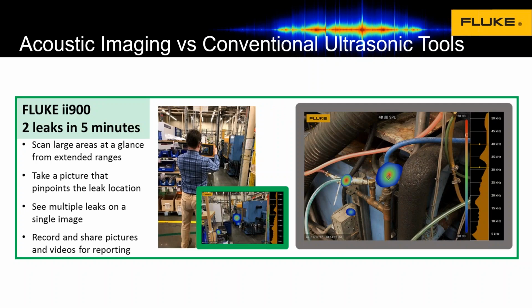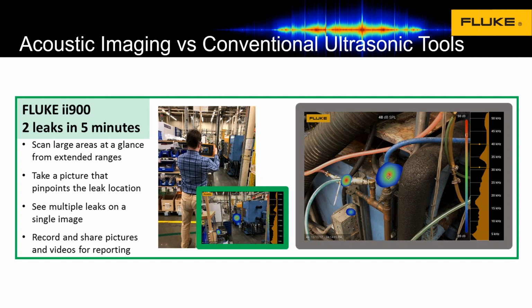So we've done a lot of work on this, a lot of field time already, both with our prototype units and with the i900. We're able to find multiple leaks at the same time and document them. That's something you really can't do with traditional ultrasonic tools.